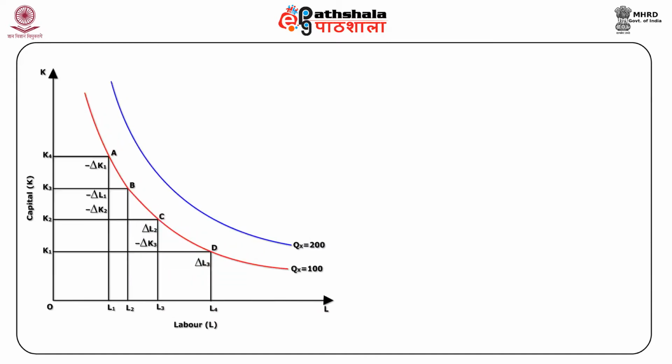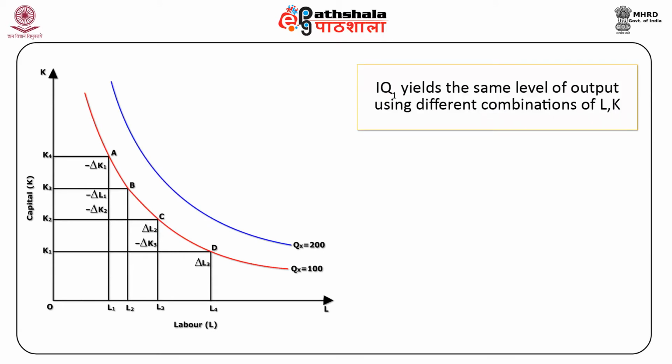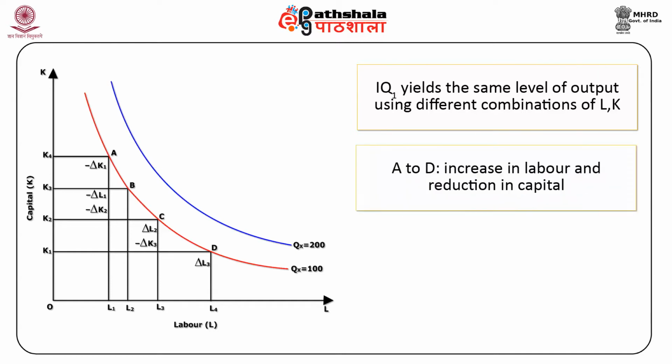IQ1 yields the same level of output, that is 100 units of X, using different combinations of L and K. But it is important to note here that the movement from point A to D indicates an increase in the employment of labor and reduction of capital in the production process.